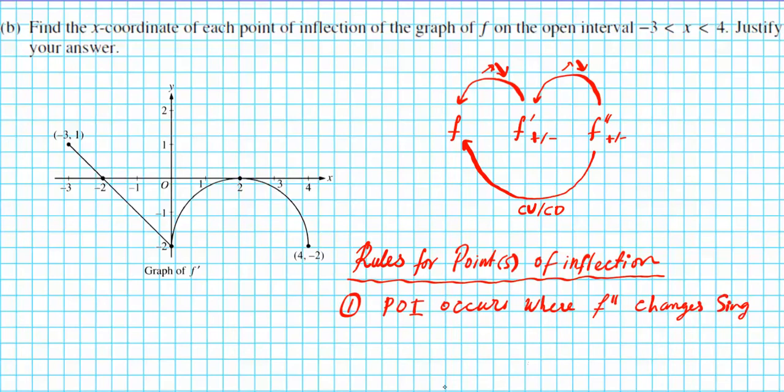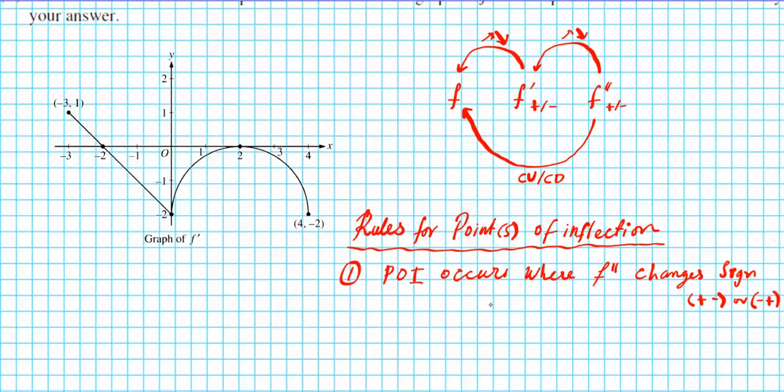So either if it goes from positive to negative, or from negative to positive. All right, so that's how you can use the second derivative to determine the point of inflection. You're looking for the sign change.